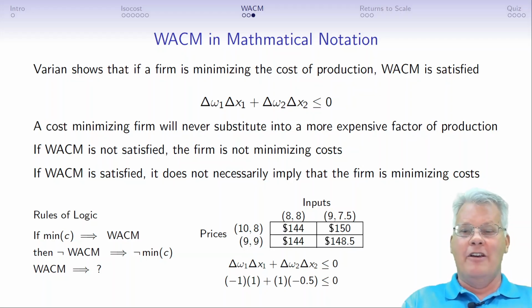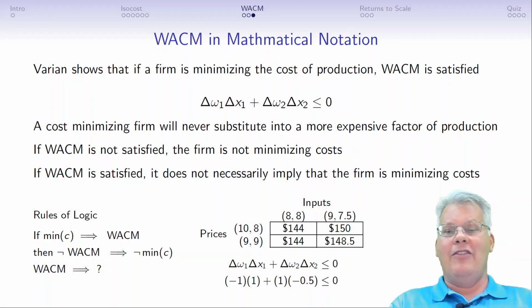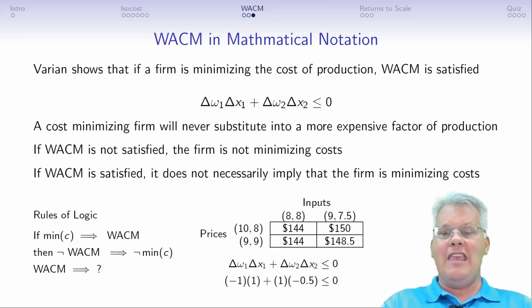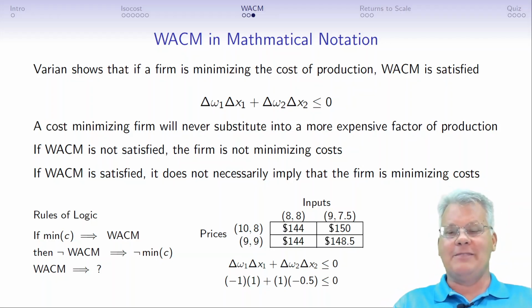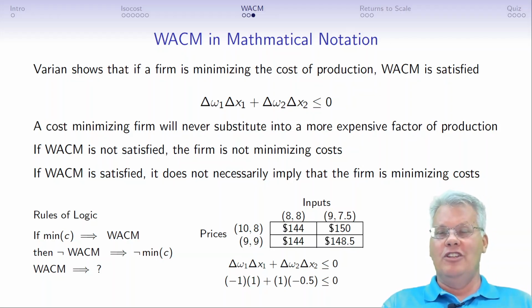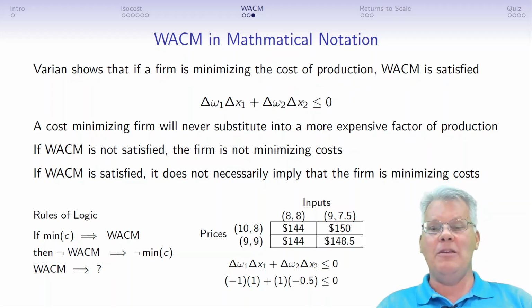So we have prices in time period 1 and time period 2, and then input bundles. If I look at the mathematical description of WACM, you'll notice that going from time period 1 to time period 2, factor 1 has become cheaper. The firm is observed to use more factor 1, which has become cheaper.